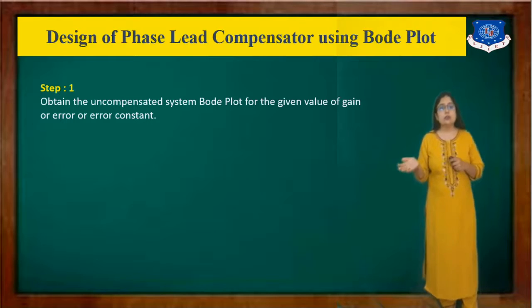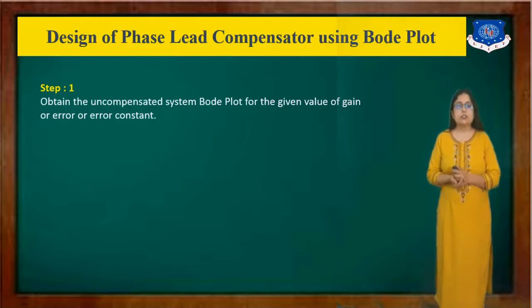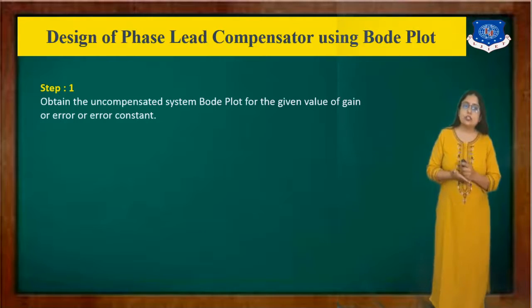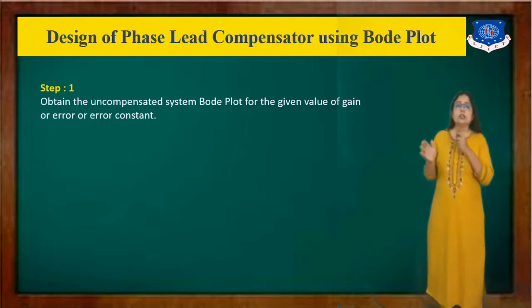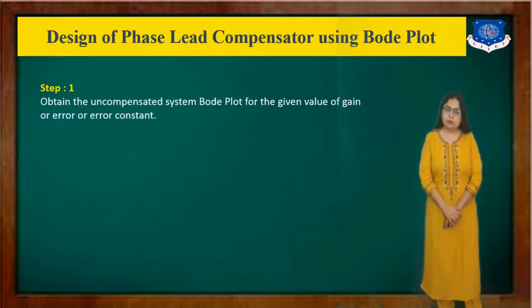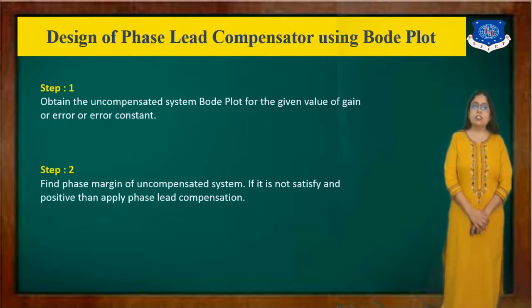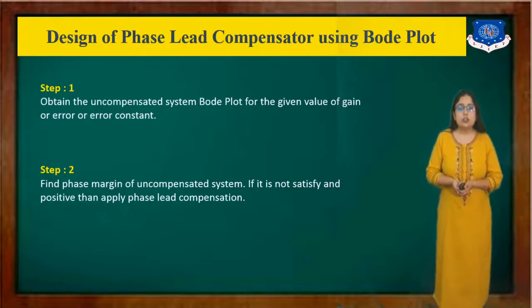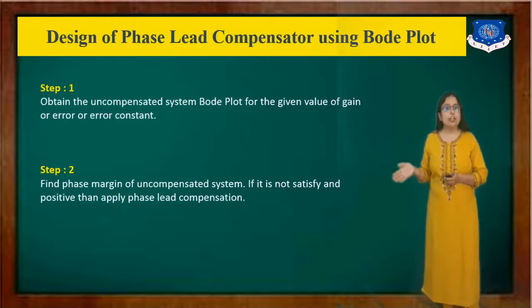Like in the root locus technique, first of all we draw the uncompensated root locus. So here we have to draw the uncompensated Bode plot, and then find the phase margin of the uncompensated system, and if it is not satisfied and positive, then we have to apply the phase lead compensation.